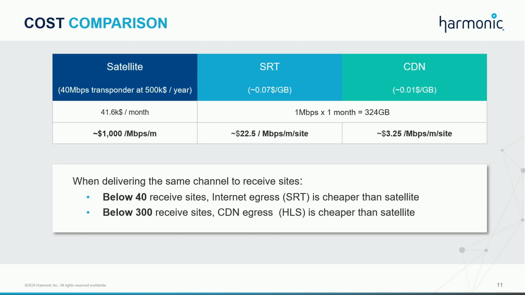And on the CDN side, using HTTP protocols, below 300 sites, more or less, you will be cheaper than satellite. If you are above that, satellite is still the cheapest mechanism for a very large number of affiliates. So that's quite important to understand.